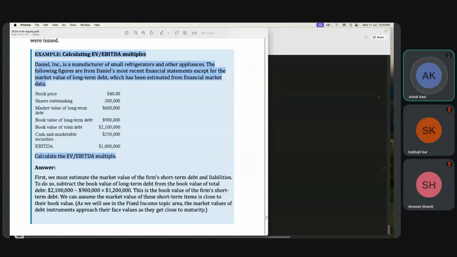Go through this now. Just read the question, then I'll do the sum. I think this is the last. No, after this there is only one sum. That is the last. So we can finish today itself. It's not difficult. Just quickly read.